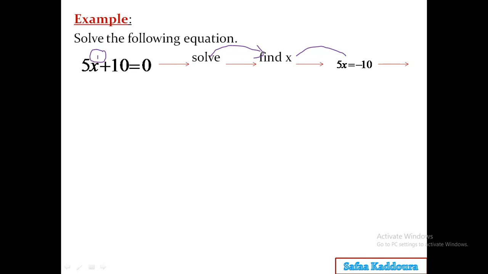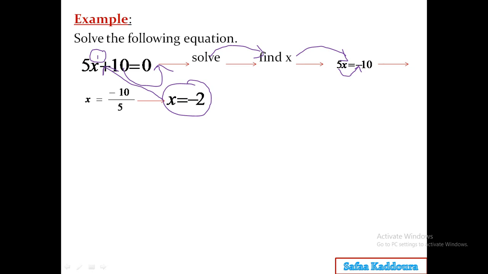Plus 10 becomes minus 10, and x equals minus 10 over 5, so x equals minus 2. This value of x, x equal minus 2, is called the root of the equation 5x plus 10 equal to 0.